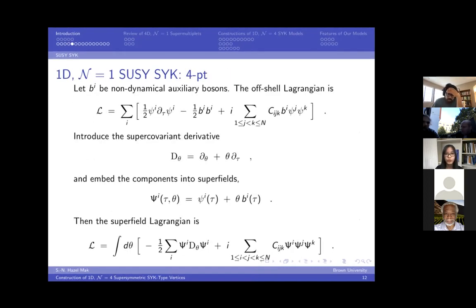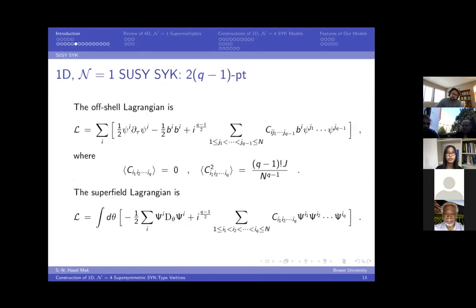And you can do a version with four Majorana fermions interacting onshore, but you can also do what we call a 2q minus 1 point, which is a q-point superfield interaction. And when you go to offshore, to components, and onshore, then you will have a 2q minus 1 point fermionic interaction.